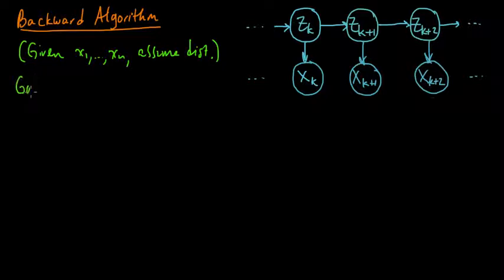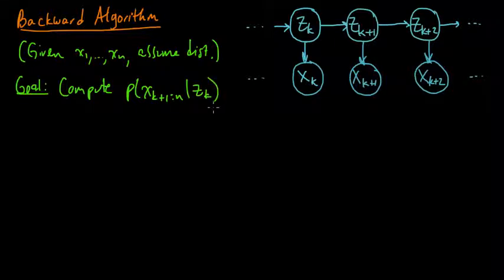And the goal for the backward algorithm, which we talked about before, is to compute the probability of xk plus 1 through n given zk. And we want to do this for all k from 1 to n, and for each of those k's, all the possible values of zk.